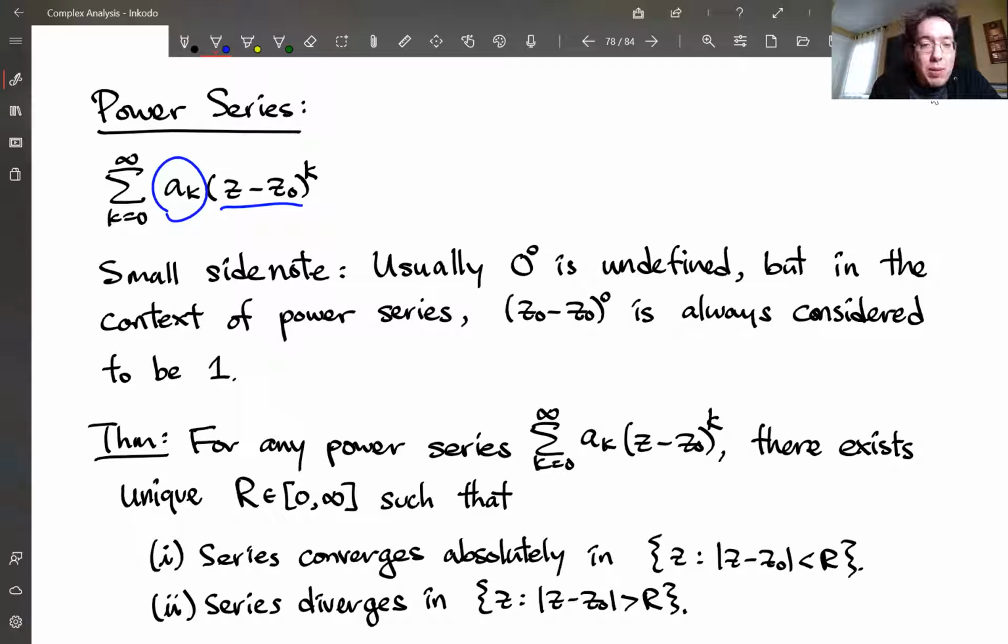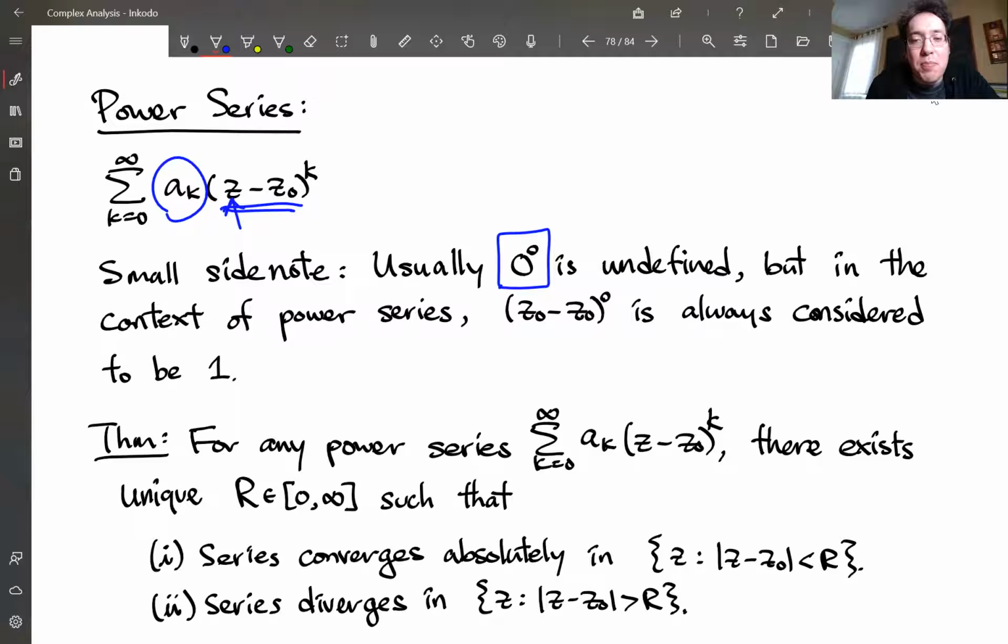If we're talking about power series, this is something that I need to point out. Usually 0 to the 0th power is undefined. But in the context of power series, if you plug in z equals z naught, which you could do here, then we'll get 0, and we're looking at different powers of 0. When we're looking at positive power of 0, it's clear it means 0.